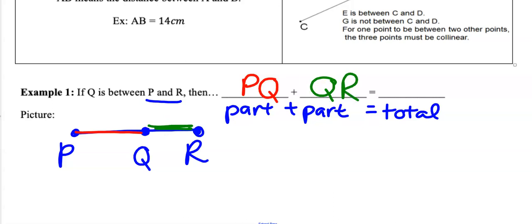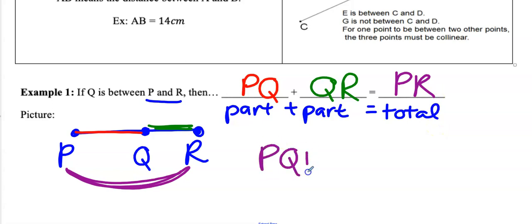That's going to equal the total, which is only 2 letters, so PR. So PQR, no está bien because we only need 2 letters, okay? So PR is the total, okay? If you have any questions, preguntas, let me know. Otherwise, we're going to practice.